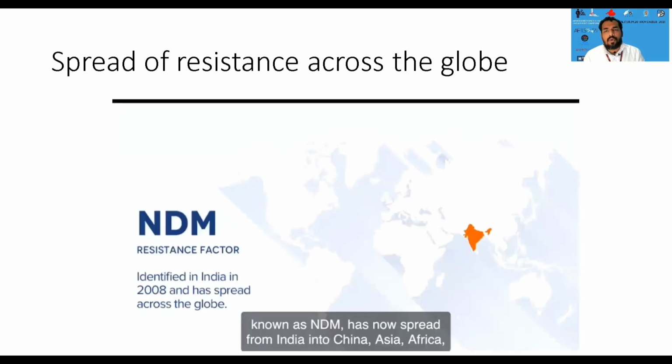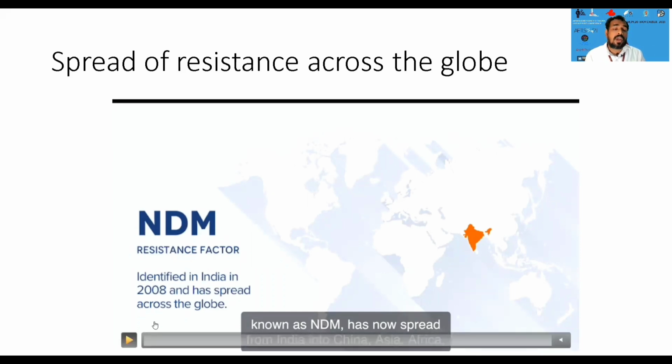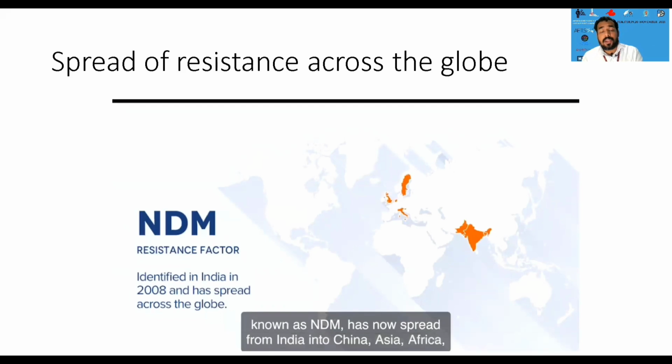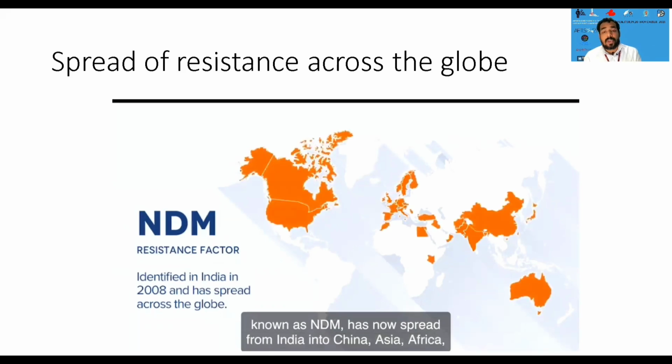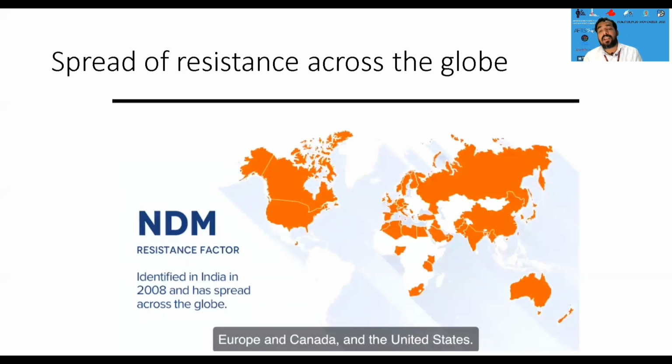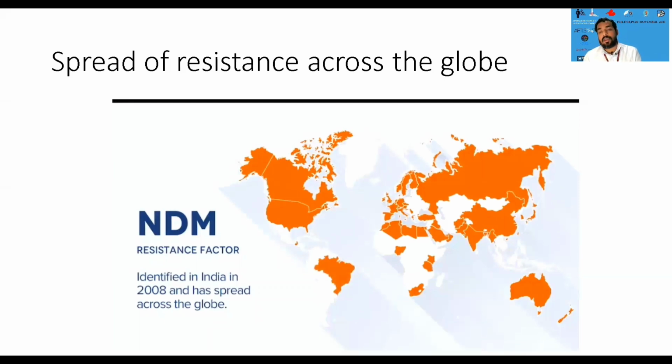And why are we so worried about the resistance? Because we need to know that resistance, once developed, will not be limited to one part of the world. In this particular picture, you can see New Delhi metallo-beta-lactamase, a carbapenemase, which was initially detected in India, later spread to all other parts of the globe.